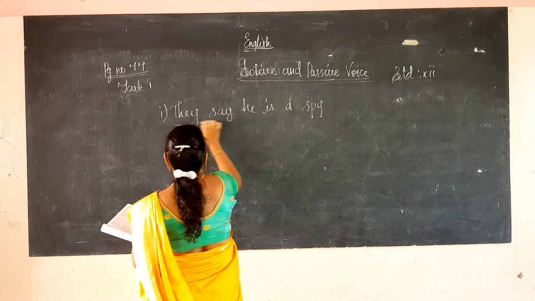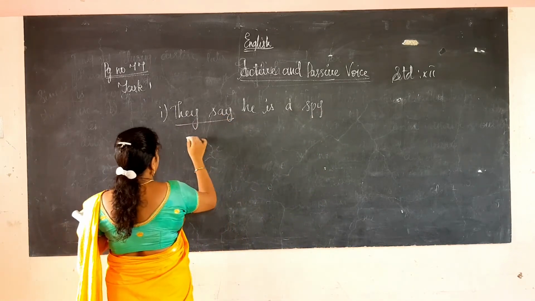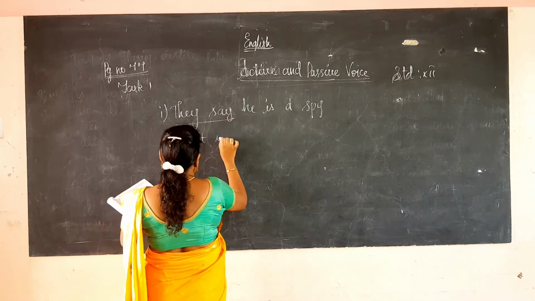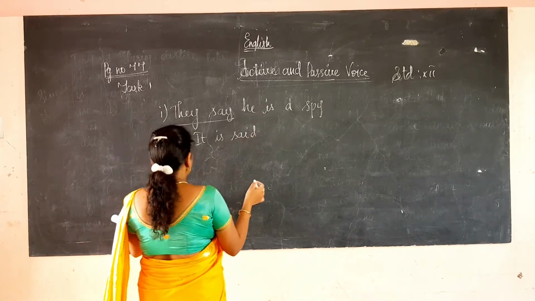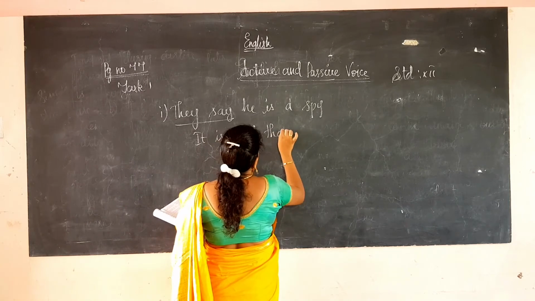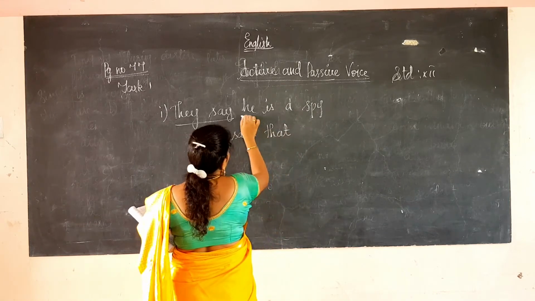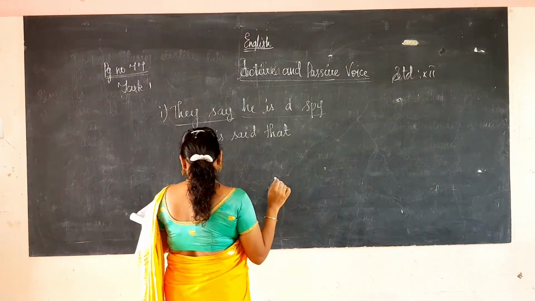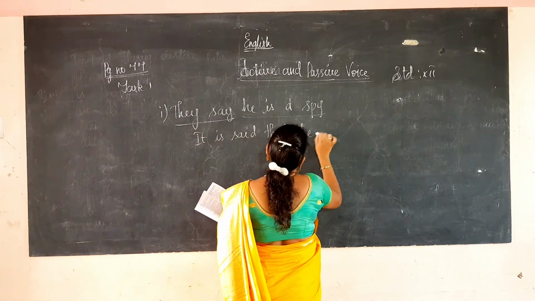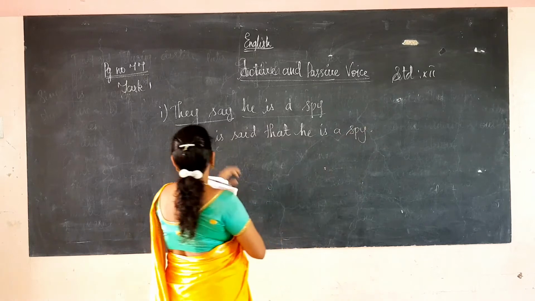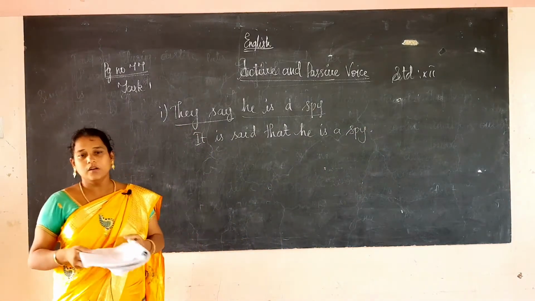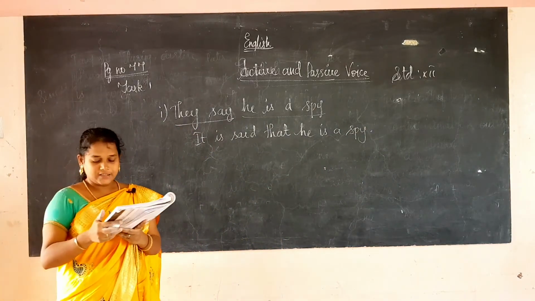So, they say we will change into it is said that. It is said that, we have to write as it is: he is a spy. So, according to the rule, it will change into it is said that he is a spy.